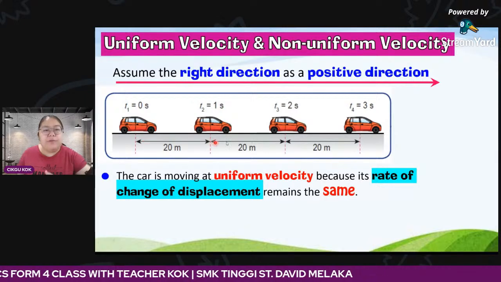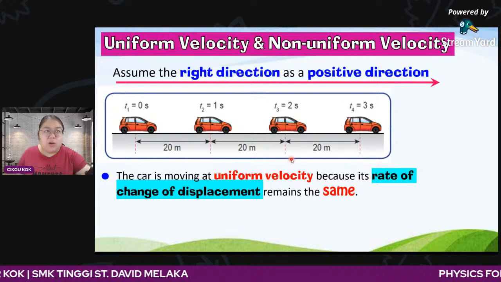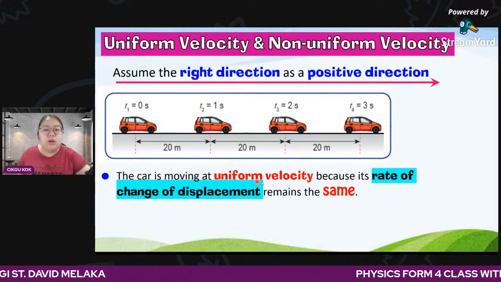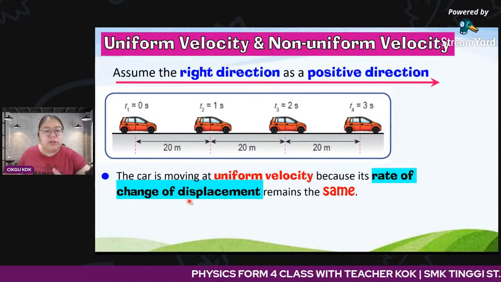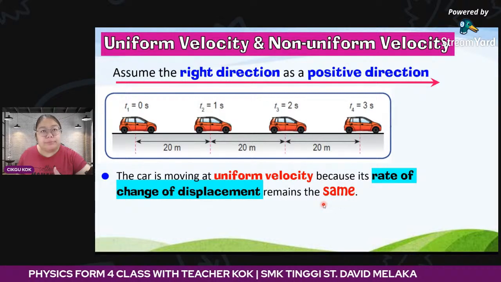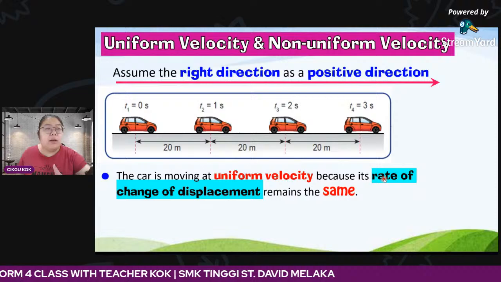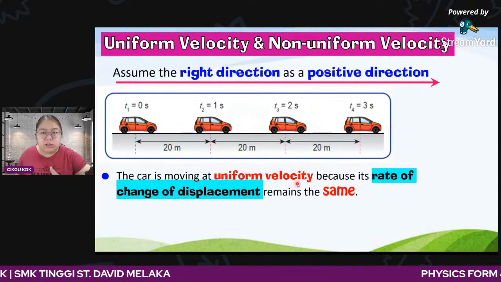That means the car is moving at 20 meter per second. So we call this uniform velocity. You can also say rate of change of displacement, that's the same meaning. This one is just the definition. If you don't want to mention the definition, you just mention velocity.